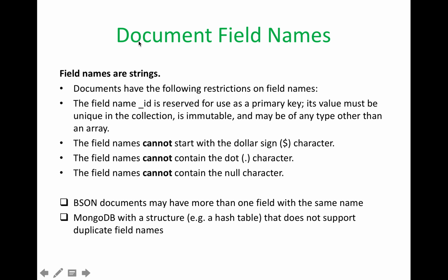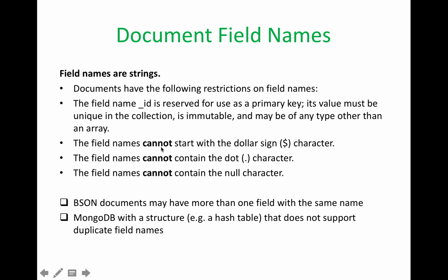Naming convention of MongoDB document field names. Basically, field names are strings. Documents have the following restrictions on field names. The field name underscore ID is reserved for use as a primary key. Its value must be unique in the collection. It's immutable and may be of any type other than an array.